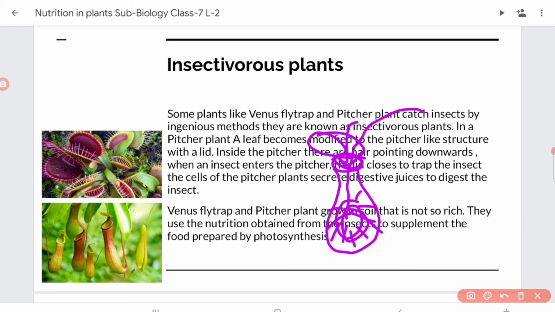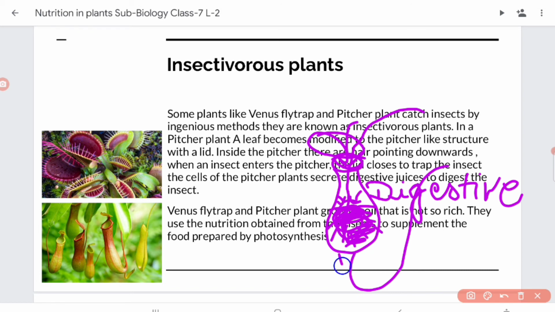Now, the cells of this pitcher plant secrete digestive juices. What are digestive juices? These are certain juices that digest things, and the insect is converted into a liquid form of nutrients. Then, through this pipe, these nutrients are sent to the plant.